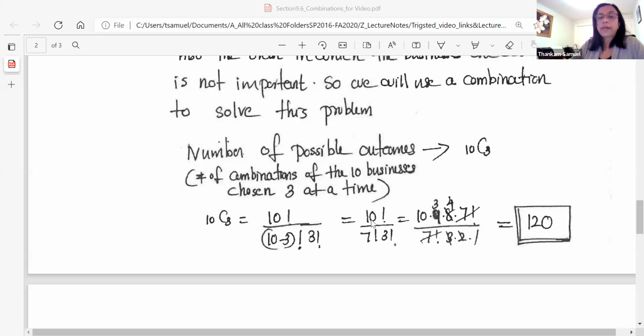So when we simplify this, we can rewrite 10 factorial as 10 times 9 times 8 times 7 factorial, and we have 7 factorial in the denominator that will cancel. We can rewrite 3 factorial as 3 times 2 times 1. So when we evaluate this, we'll get 120. So the number of possible outcomes is 120.